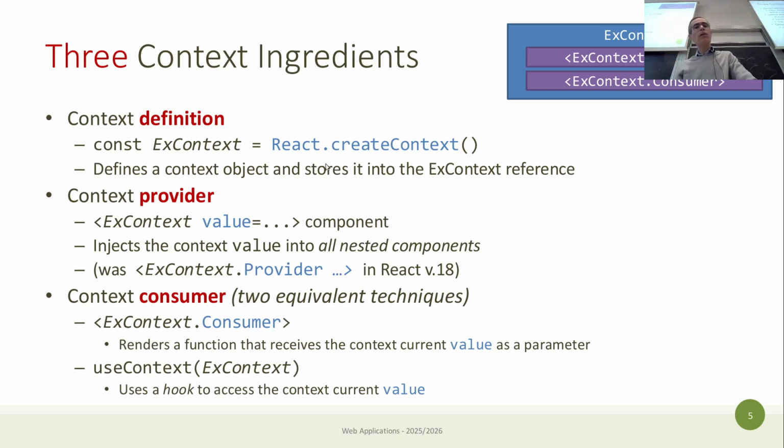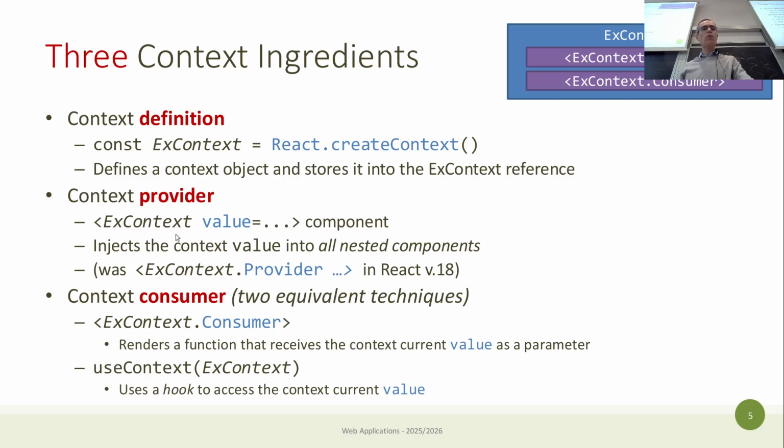So you define a context object and store it in a reference, and the definition is just create the context. The provider decides which value we want to pass. So first you tell React, I want to use the context, that's the definition. Then the provider: I want to pass some values. And the consumer: I want to get the values provided by the context. Very intuitive.